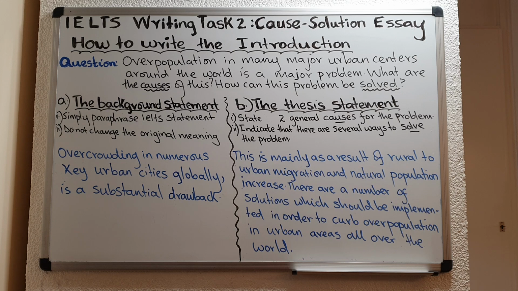Your IELTS Task 2 is worth about 66% of your total writing marks. You will be marked on task response, that is, whether you understand the question and whether you have responded to all the parts of the question. Secondly, you will be marked on coherence and cohesion, how your paragraphs are ordered, how you use linking words to introduce your key points and your subpoints. You also will be marked on your vocabulary and finally your grammar.